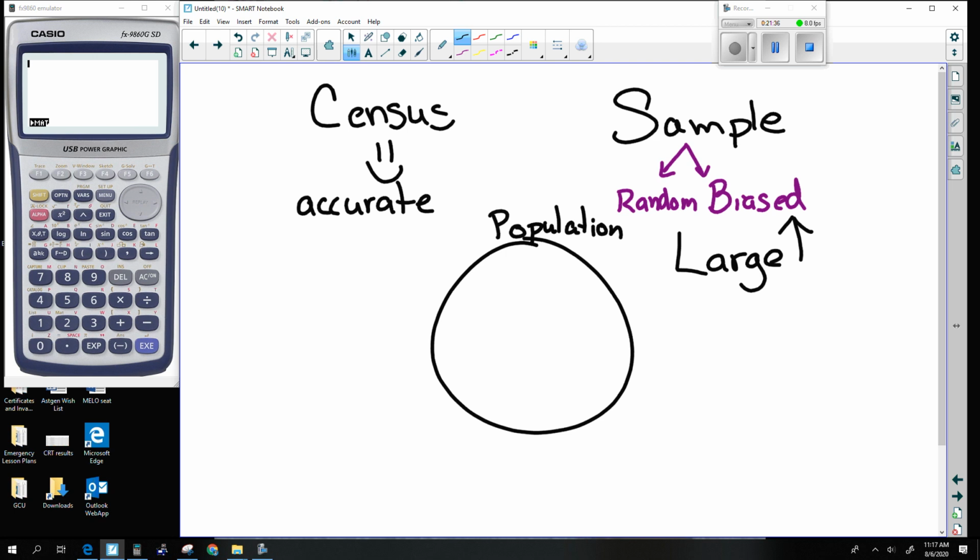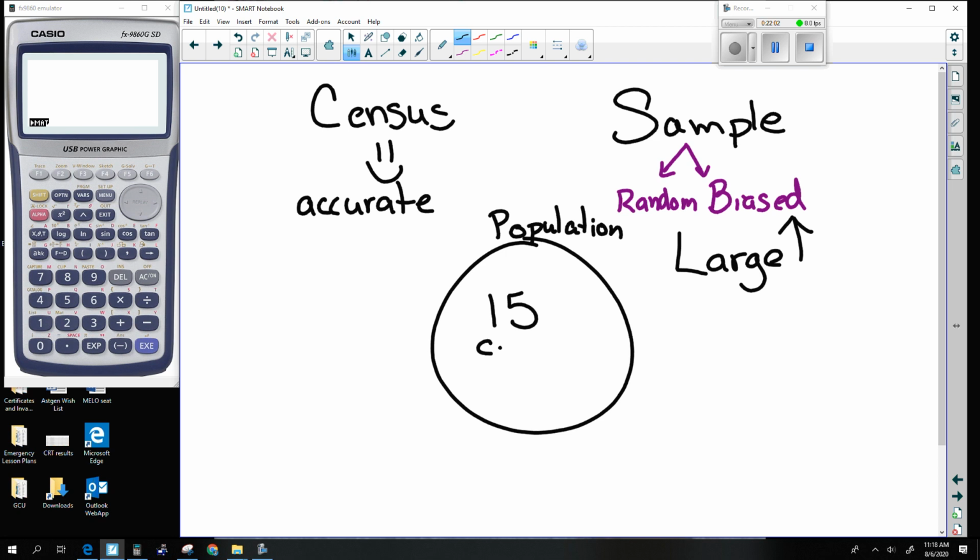Now, if the population is relatively small, let's say there are 15 kids in a class, and you want to know, of those 15 kids, what percentage of them understand what they did on their homework. Would you take a census or a sample?